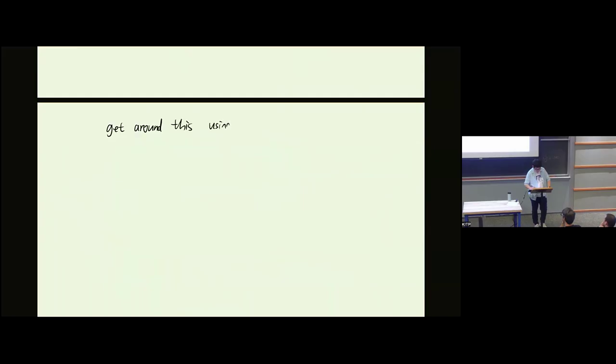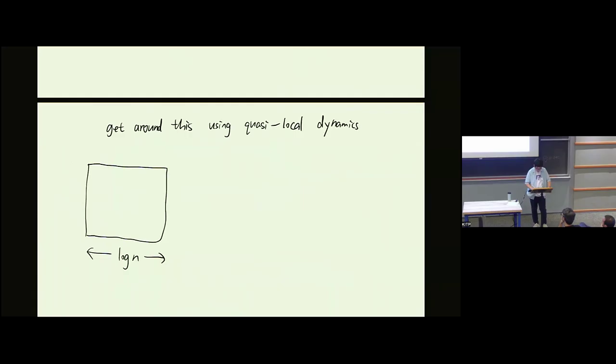Using quasi-local dynamics. Quasi-local dynamics just means that instead of updating a single qubit at a time, we look at a box at a time. So the box will have side lengths roughly log n. And for example, let's consider the 4D toric code.